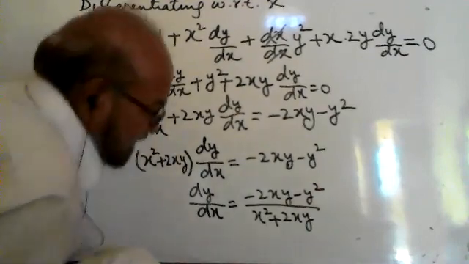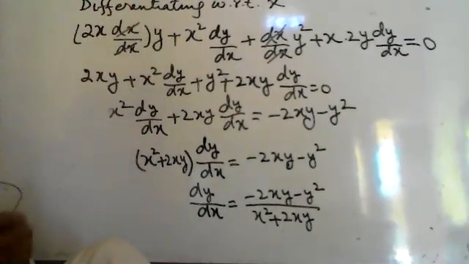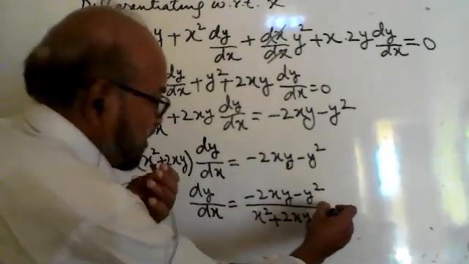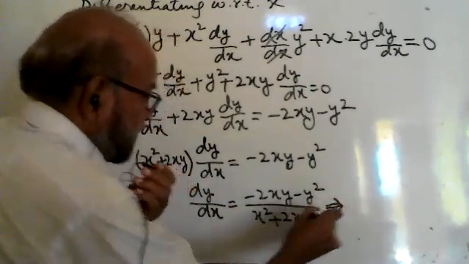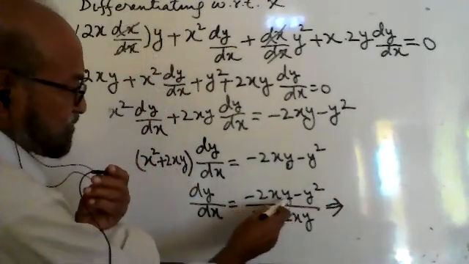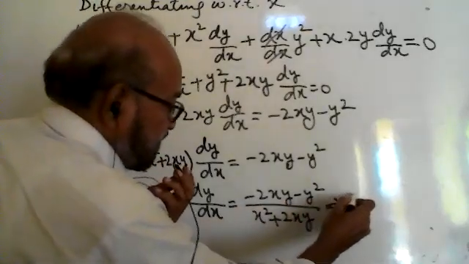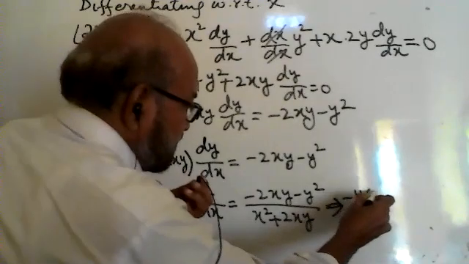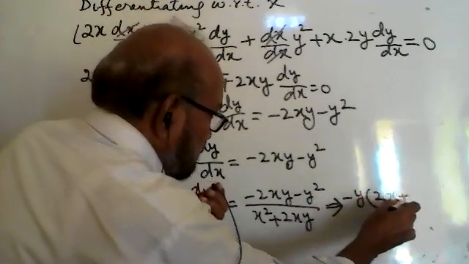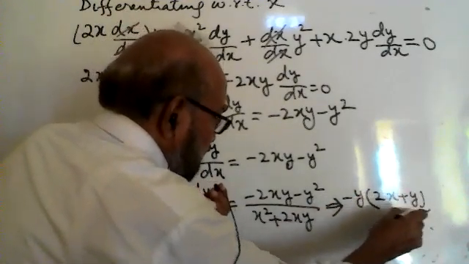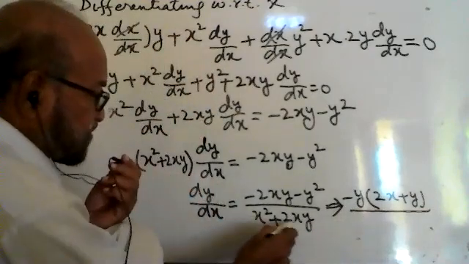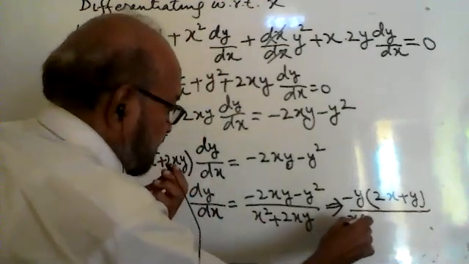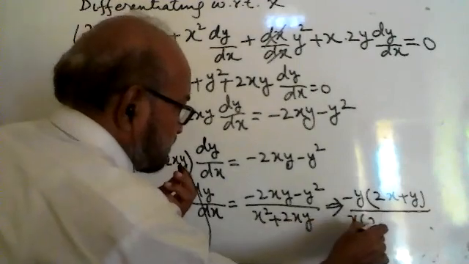So this is the final answer. But if you want to simplify this, it could not be simplified further. Minus y is common, inside will be 2x plus y, upon x is common, x plus 2y.